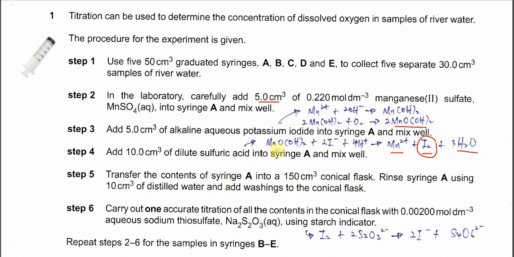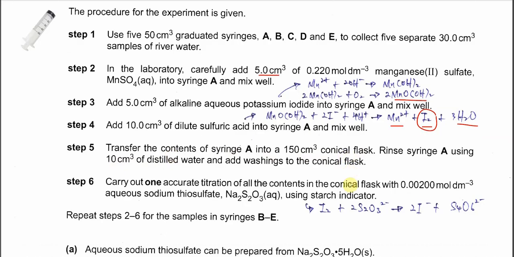Okay, so now the total volume of the reaction mixture is 30 cm3 plus 5 plus 5 plus 10. So it's a total of 50 cm3 in the syringe. Then this 50 cm3 mixture is introduced to the conical flask plus 10 cm3 of the washing. This step is just to make sure all the reaction mixture gets into the conical flask.